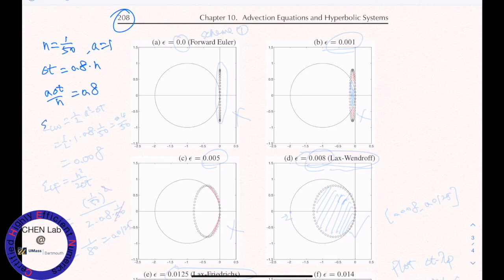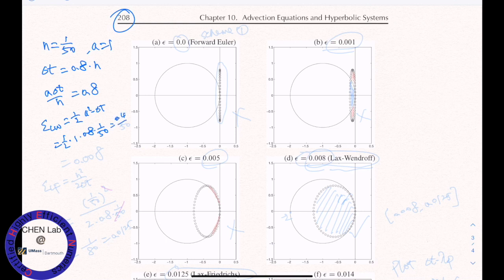So in particular for the Lax-Wendroff, we have this 1/2 a squared delta t, right? So that's going to be 1/2 times 1 times delta t, which is 0.8 times 1/50. So what is that?